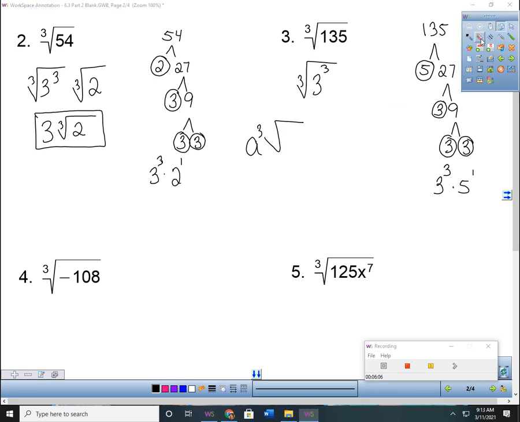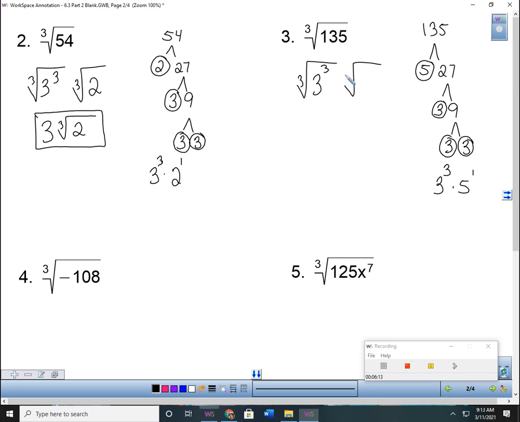That's why it's important to write it properly. And then we have the cube root of the 5. So the cube root of 3 cubed is 3, and then we have the cube root of 5.